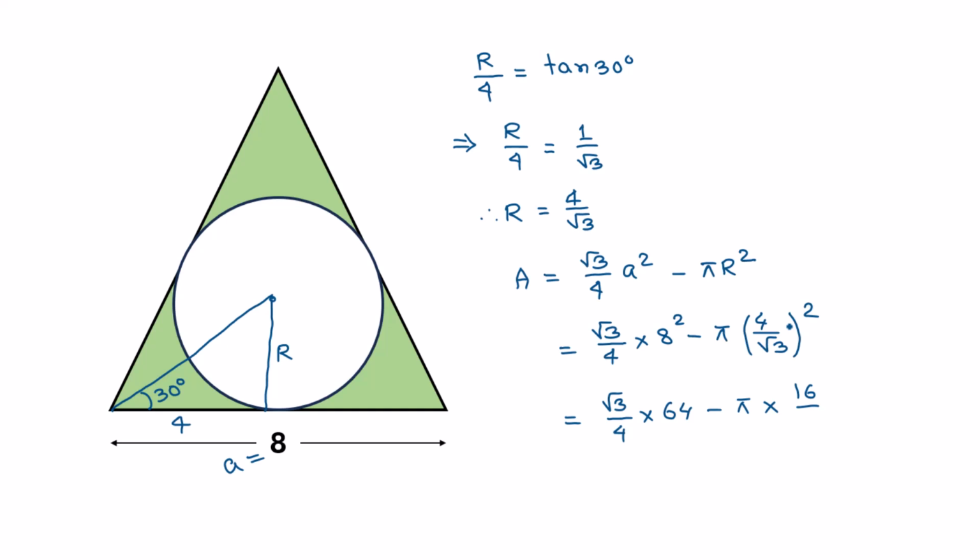The square root and this square will cancel and it will be 3.